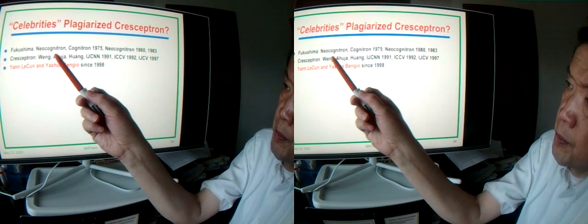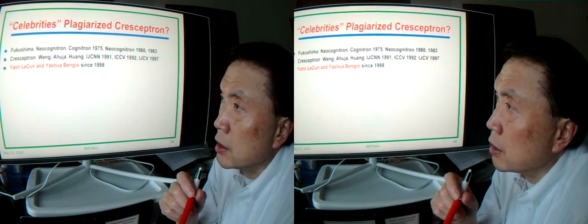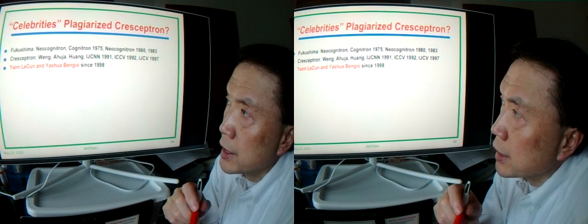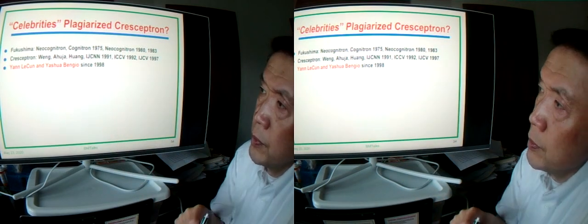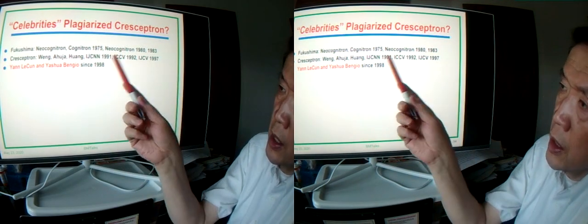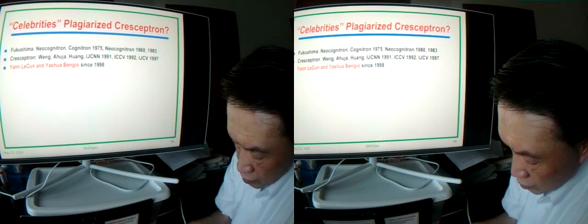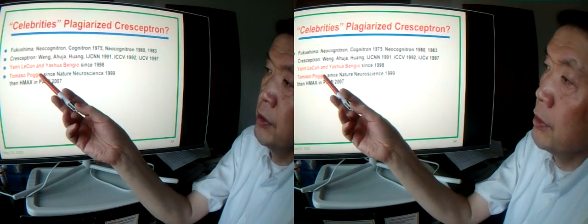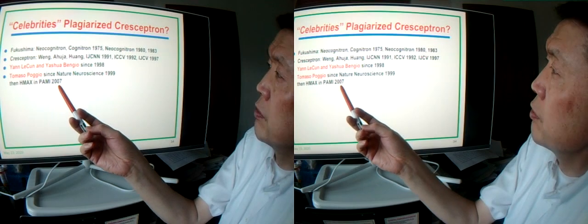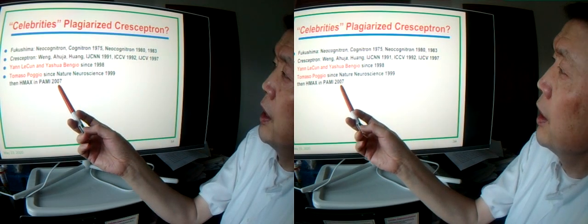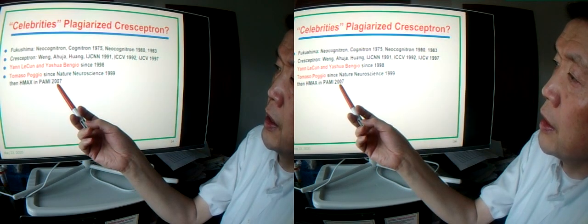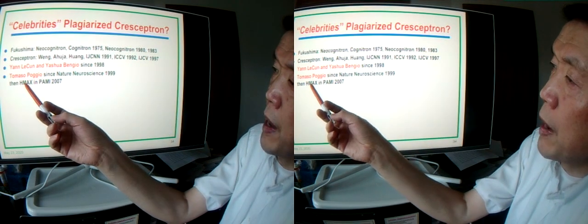The red marks the people who used the idea of Cresceptron without citing it at all. One is Yann LeCun and Yoshua Bengio, who later received the Turing Award. Tommy Poggio, as early as 2007, so about 10 years later, started to use the idea of max-pooling, HMAX.